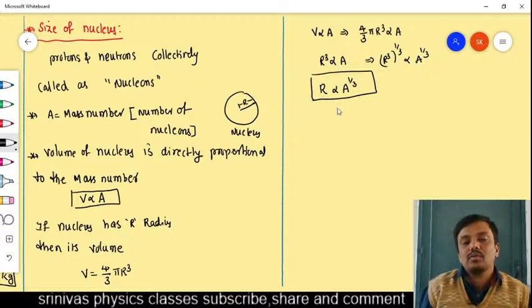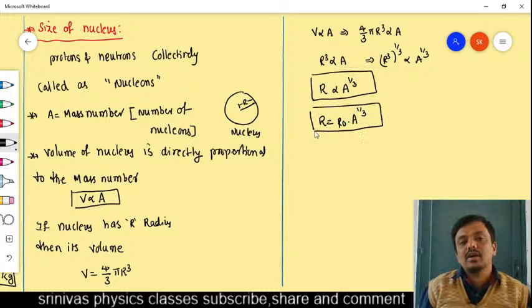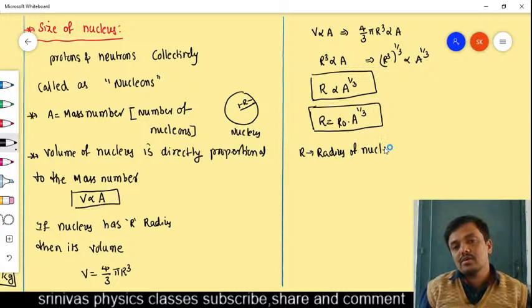If the proportionality is removed, we get a constant. That is, R is equal to R naught into A power 1 by 3. What is R here? R is the radius of nucleus. What is R naught here?